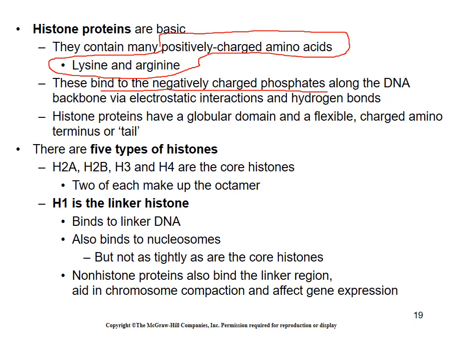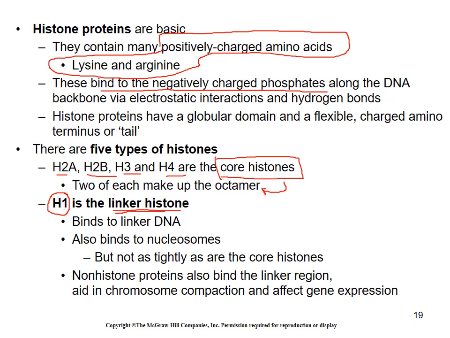As I mentioned to you before, within the octamer, you have 2 sets of H2A, H2B, H3, and H4. These are what we're going to call our core histones because they make up the octamer. And then you have a 5th histone. That one is called H1. H1 is called a linker histone because it's going to be binding to that linker DNA region.